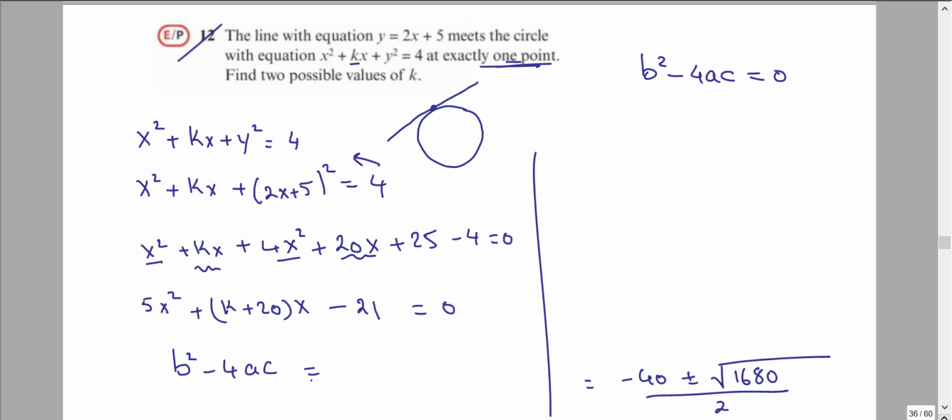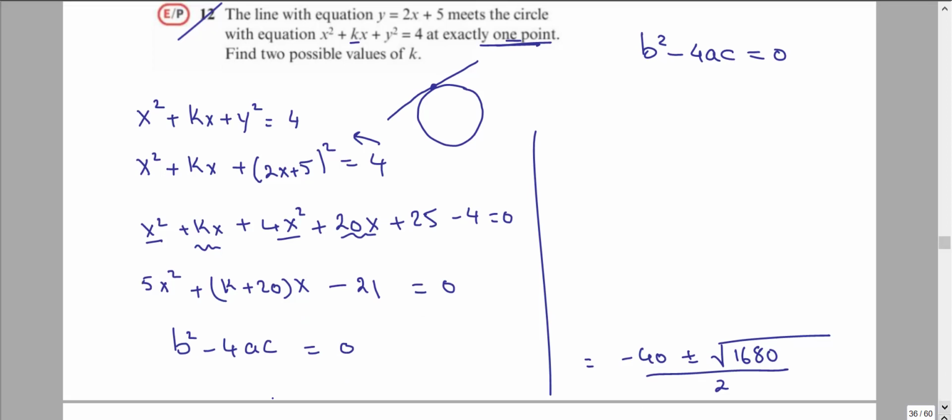At 1 point, it will be equal to 0. Equal to 0. So let's substitute. B would be k plus 20. This is B. A is 5. C is negative 21. Equals 0.